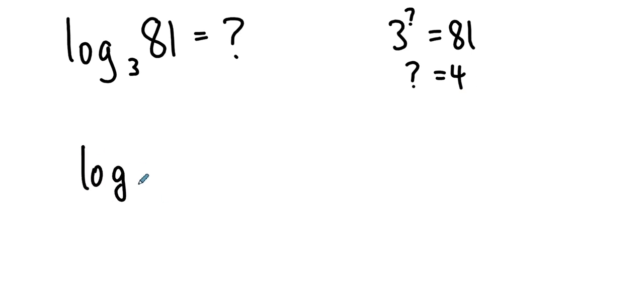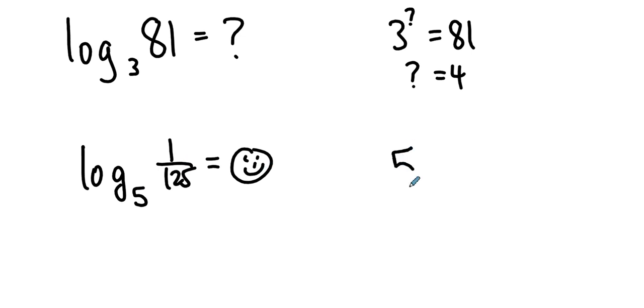Similarly, we could ask for the log base 5 of 1 over 125. What is that? Well, I don't know what that is, so it's a smiley face. We've got a base, we've got a number, we've got an exponent. 5 to the exponent is 1 over 125.